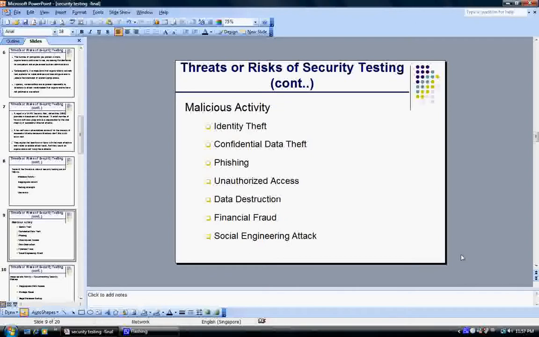This could be identity theft, confidential data theft, phishing, unauthorized access, data destruction, financial fraud, social engineering attacks, etc. These malicious activities can be something like an unauthorized user trying to log into a system which he is not supposed to be logged into. Or identity theft, which could be trying to steal the identities of certain users of a particular company and act as a genuine user and try to steal the confidential data.